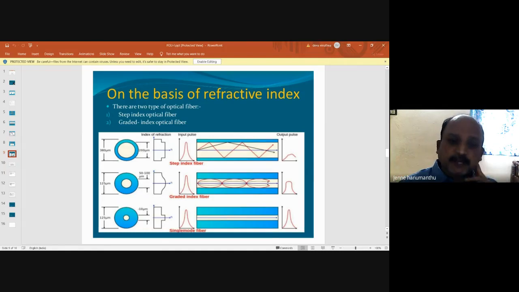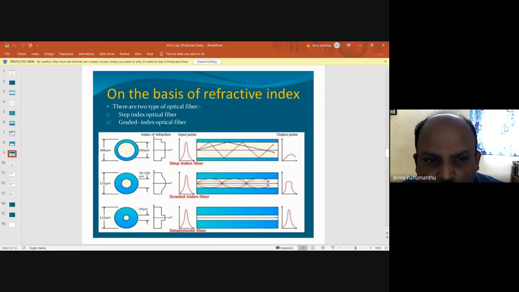What is step index fiber? See, this is called optical fiber. This is the first end and this is the second end. If you want long haul distance, join another fiber to this fiber one. If you want one more long haul purpose, join the third fiber.